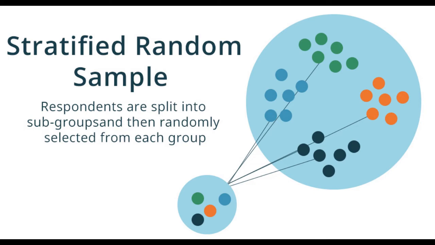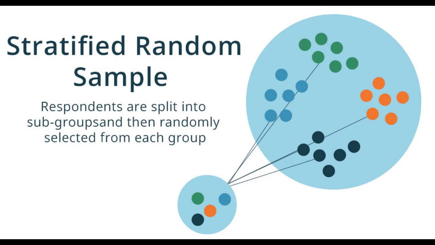Stratified random sampling involves dividing the population into subpopulations that may differ in relevant ways. It allows you to draw more precise conclusions by ensuring that every subgroup, or stratum, is properly represented in the sample. To use this sampling method, you divide the population into subgroups, also called strata, based on relevant characteristics such as gender, age range, income bracket, or any other characteristic.